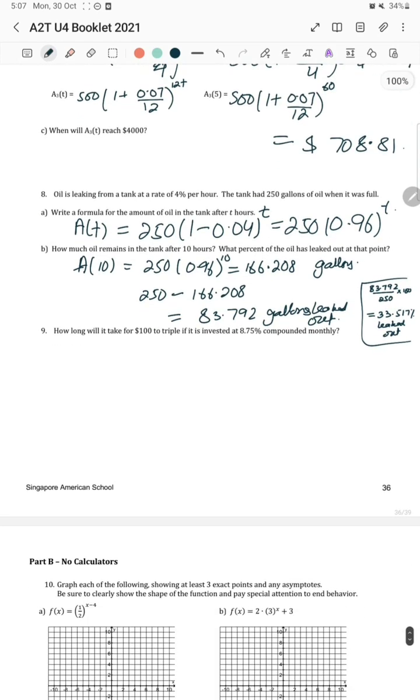Okay, how long will it take for $100 to triple if it is invested at 8.75% compounded monthly?